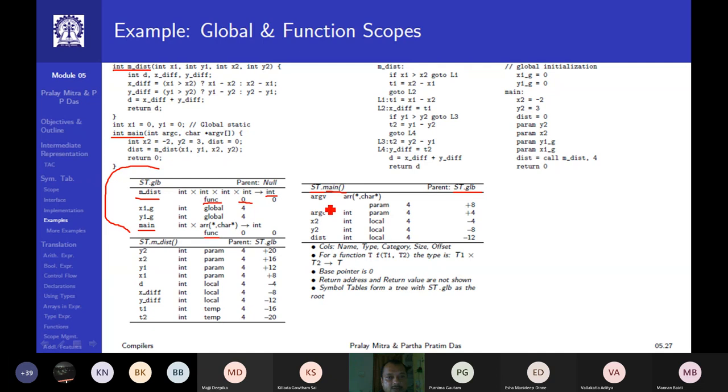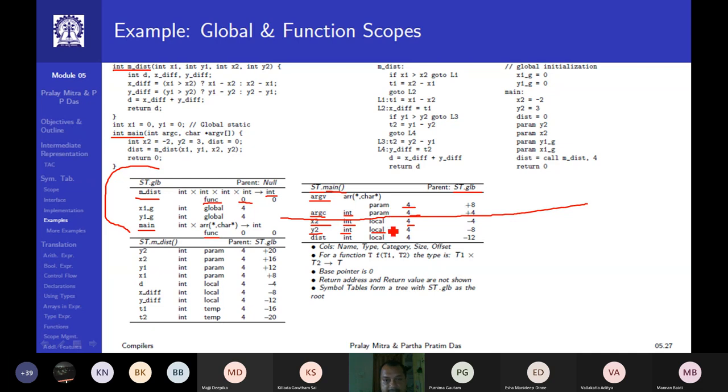Inside that, parameters: argc, integer, will take 4 bytes; x2 integer local variable, y2 integer local variable, distance integer local variable, 4 bytes each.